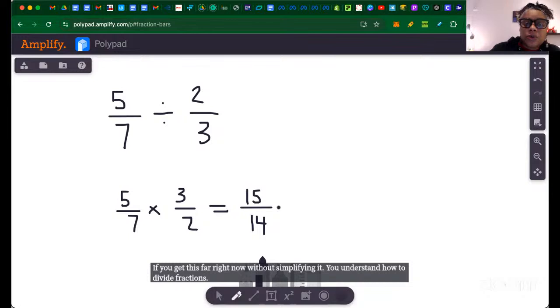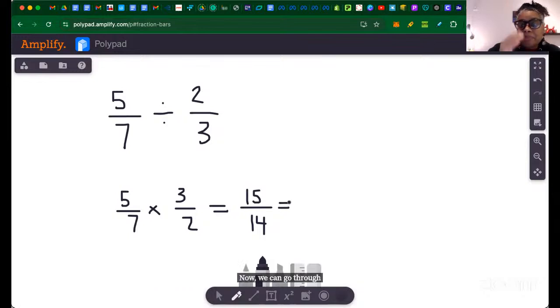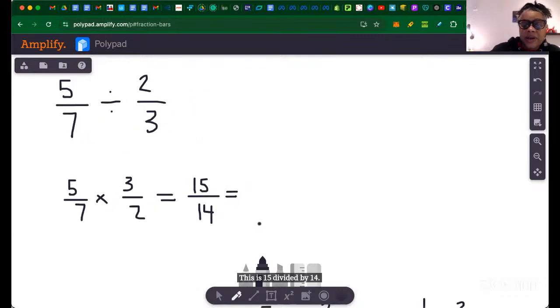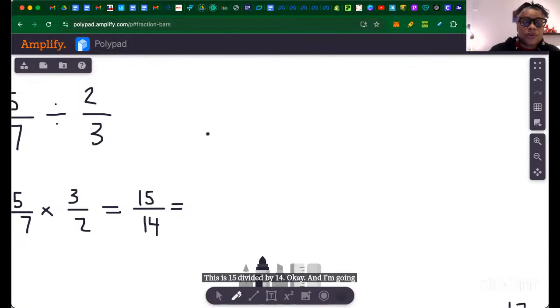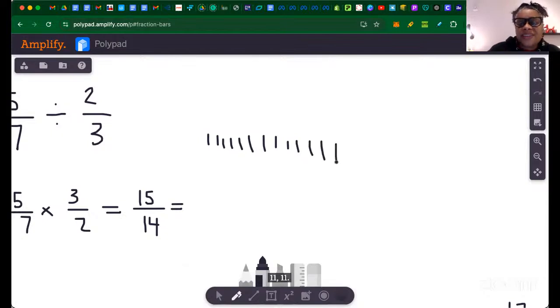Now we can go through and make this a mixed number. This is 15 divided by 14. Okay, and I'm going to take my time and show you. 1, 2, 3, 4, 5, 6, 7, 8, 9, 10, 11, 12, 13, 14, 15.